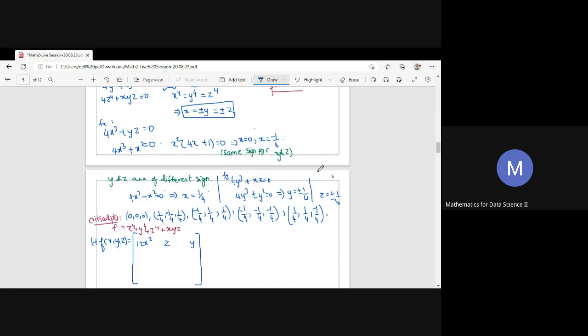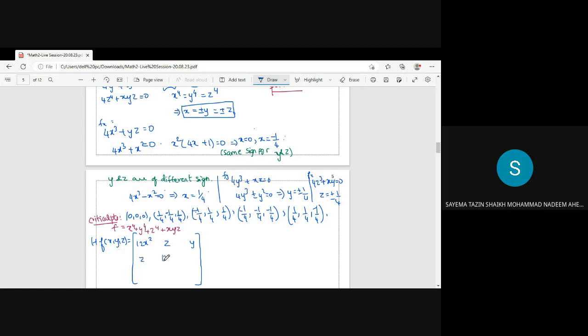Okay, and what is your fz actually? 4z cube plus xy. And now for fzx, what is the value? It is again y. Now what is your fxy? Fxy is again z. And what is fyy?